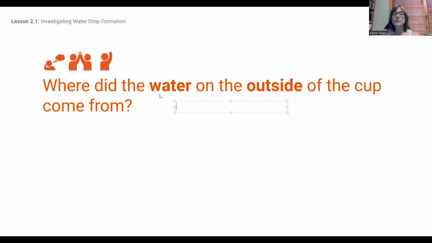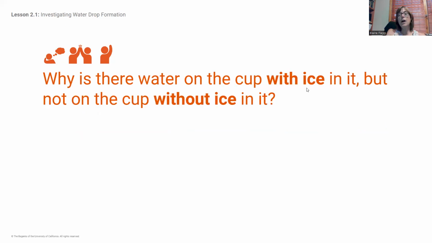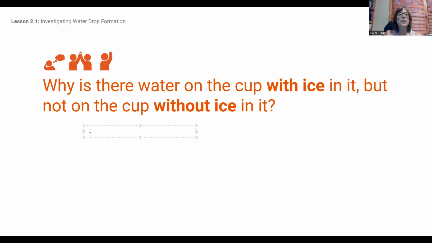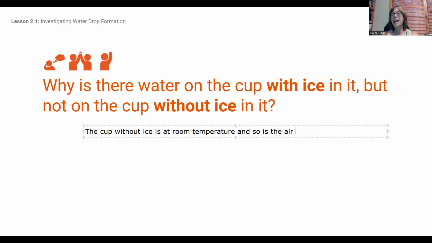Next question. Why is there water on the cup with ice in it, but not on the cup without ice? Aha. So the cup without ice is at room temperature, and so is the air around it.